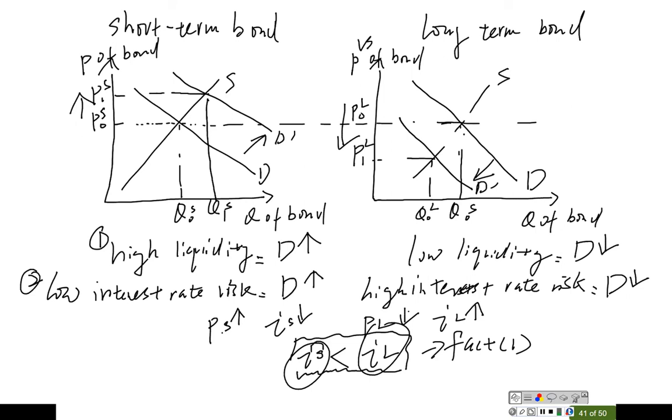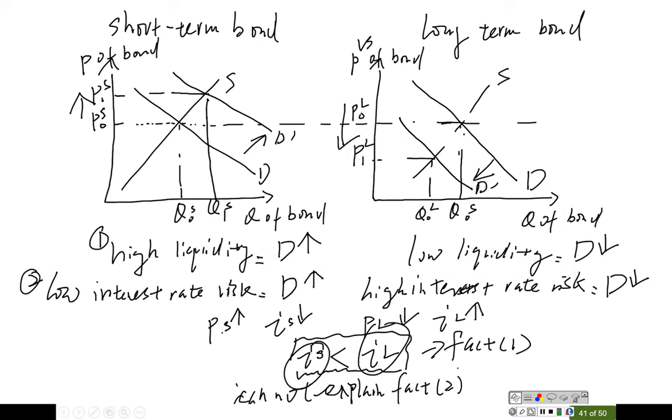So the short-term bond interest rate, based on the segmented market theory, is always smaller than the long-term bond's rate. Therefore, the segmented market theory cannot explain fact two.